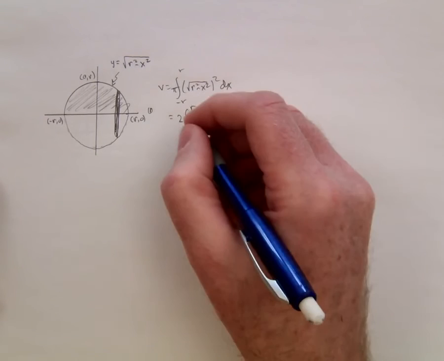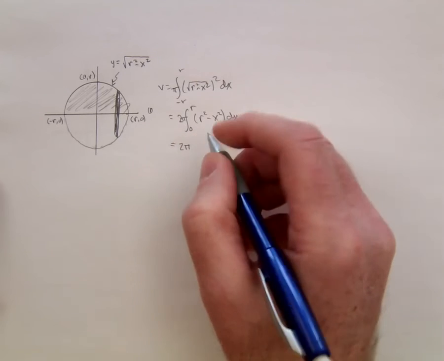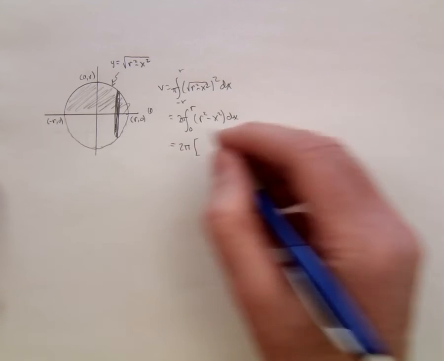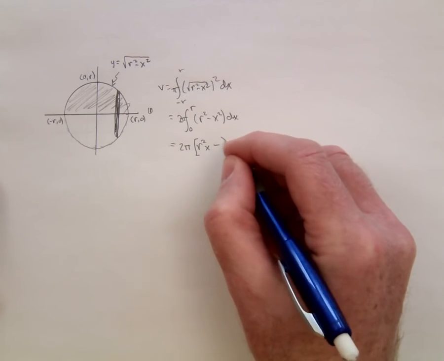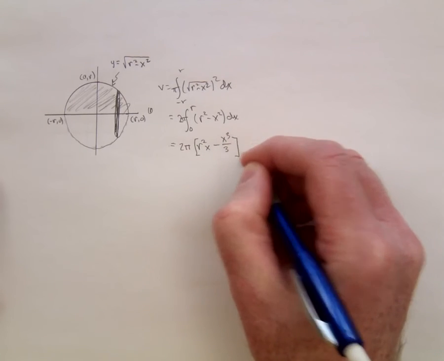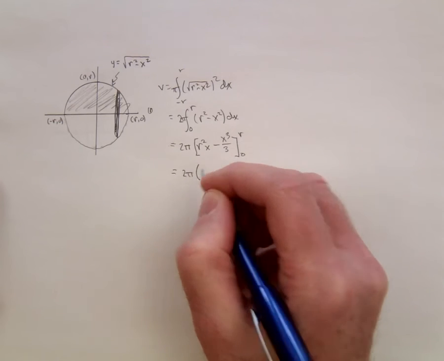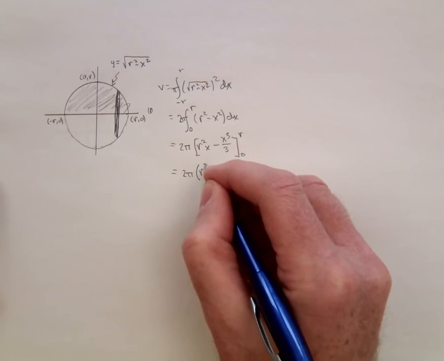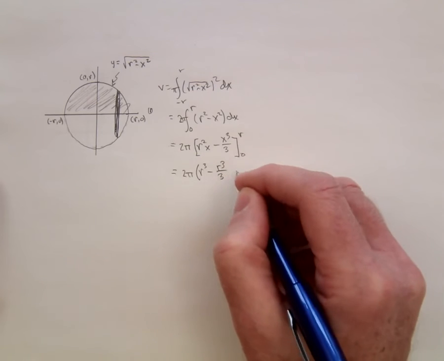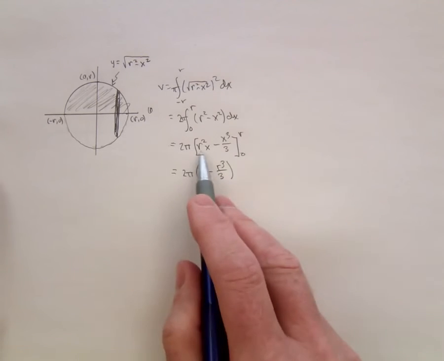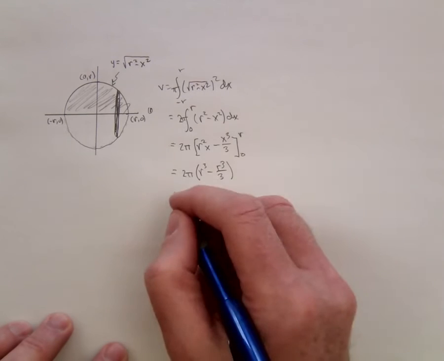So, oops, keep leaving my pi's out. So I have 2 pi, and then that's just a constant, remember, so that's r squared x minus x cubed over 3 from 0 to r. 2 pi, we have r squared times r, which is r cubed, minus r cubed over 3, minus 0, because I'll get a 0 if I plug 0 into either of those terms.